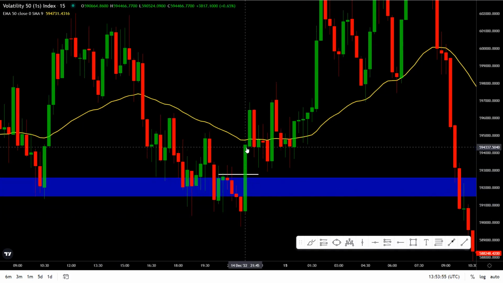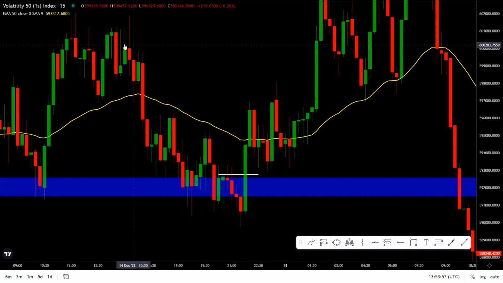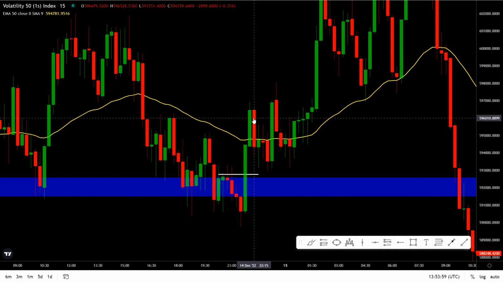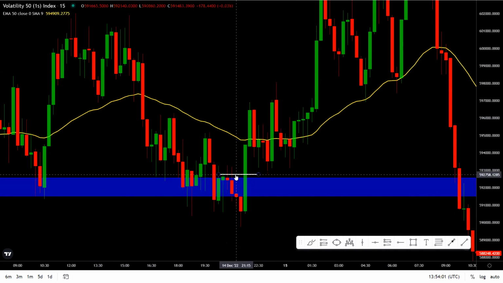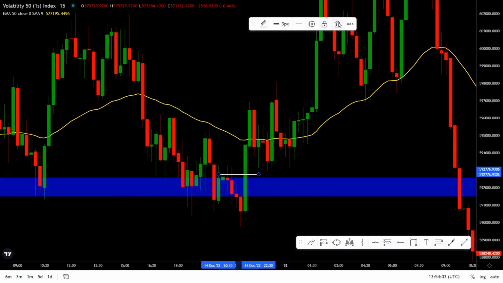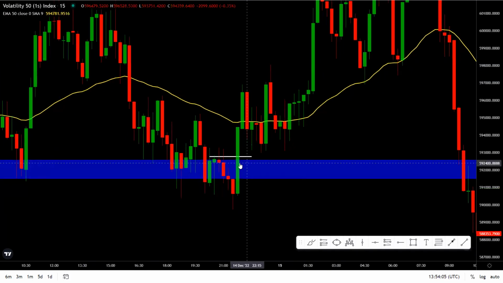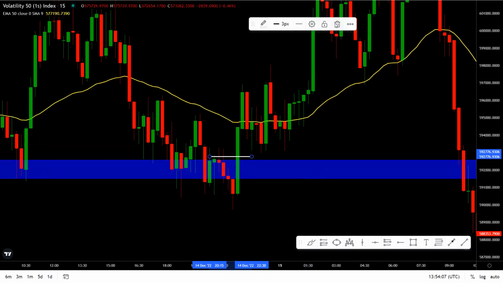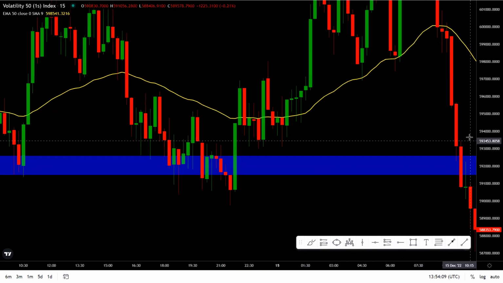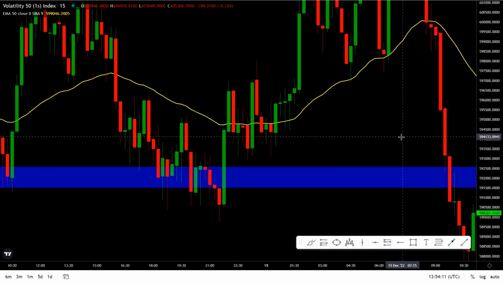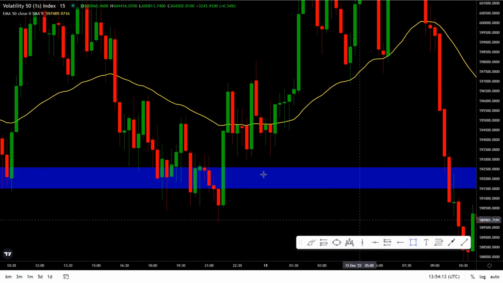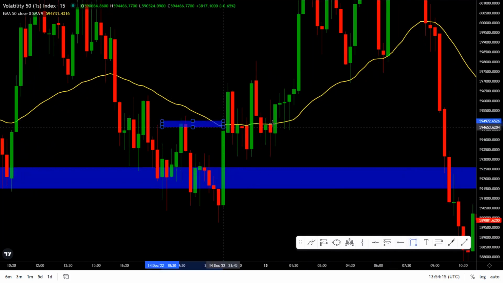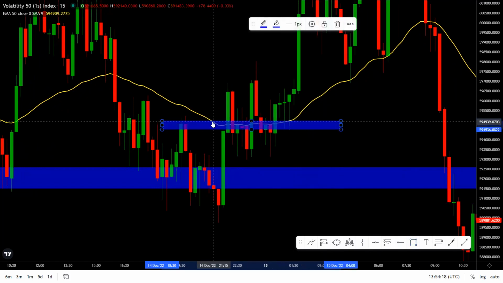So here I had this bullish engulfing, shifting the market structure from bearish to bullish on the 15 minutes time frame. Having shifted market structure from bearish to bullish, what then do I do? I then quickly identify my potential buying areas.